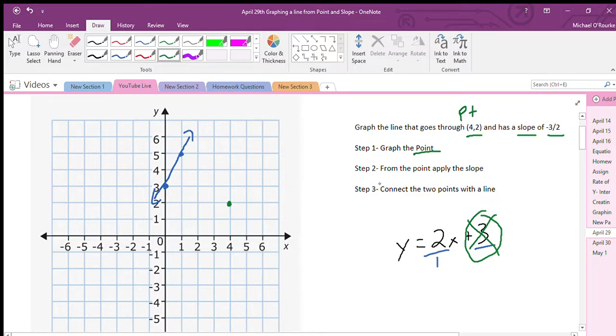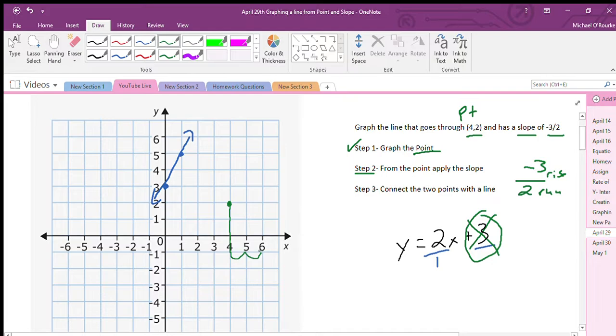So we did that step. The second one is, from the point, apply the slope. Our slope is minus 3 over 2. This is our rise, this is our run. So we're going to go down 3, so 1, 2, 3. We're going to go over 2, 1, 2.